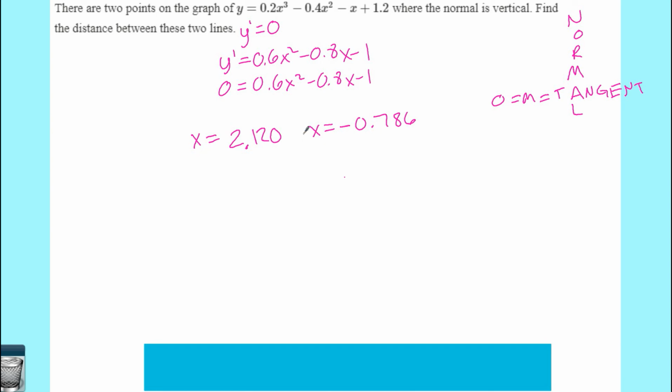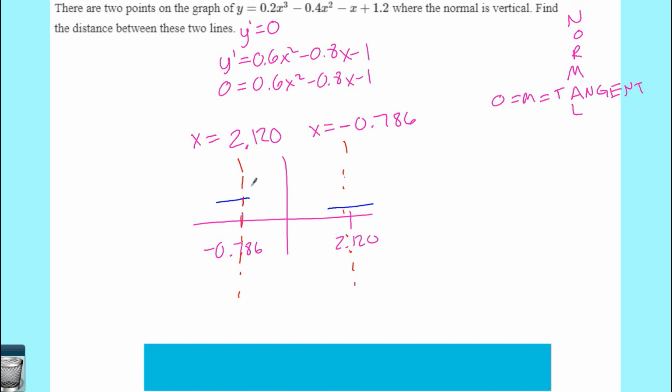So at these two x values, the slope of the tangent line is 0, which means the normal line is vertical. So somewhere along these lines, the tangent line is horizontal, and the normal line is vertical.